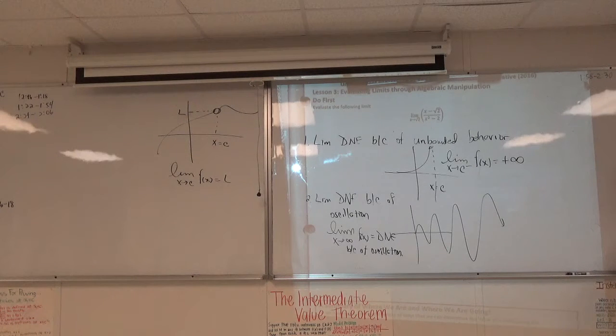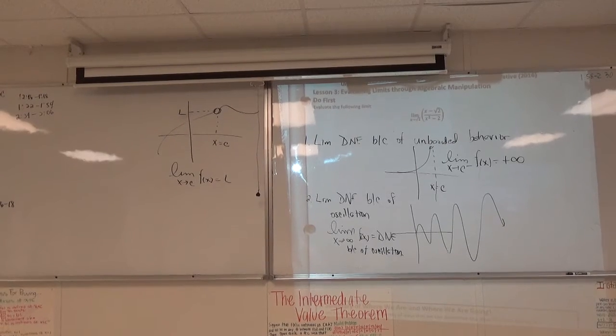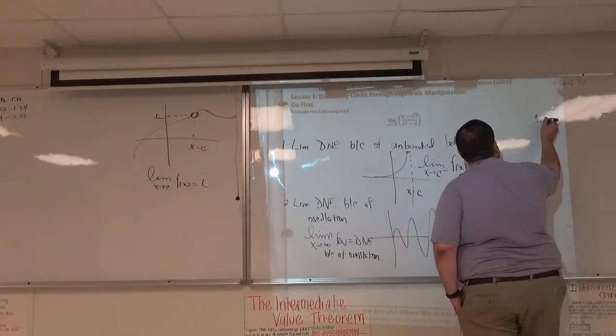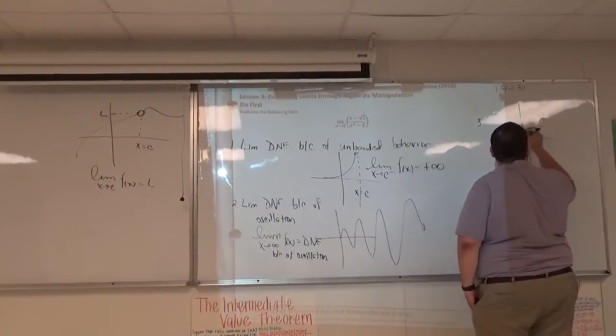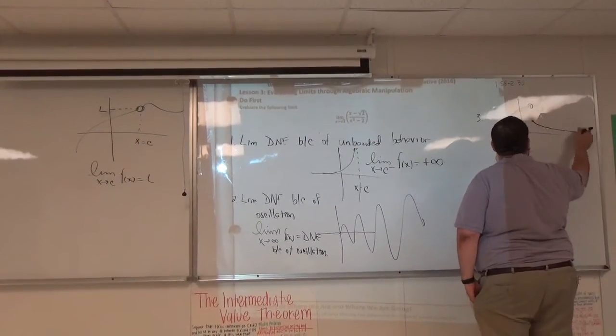Left and right. The limit from the left and the limit from the right are not equal to each other. So for example, your graph might look something like that.